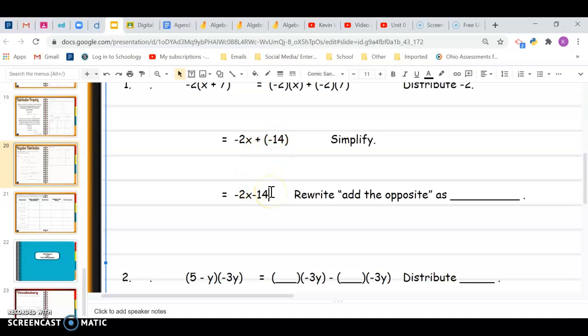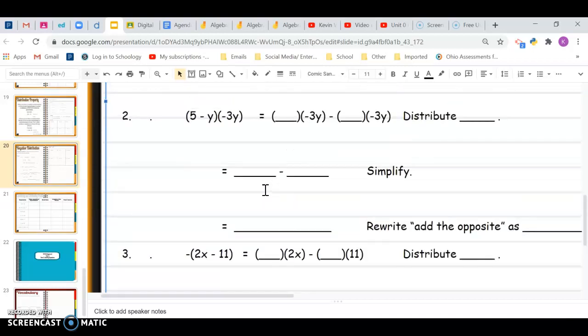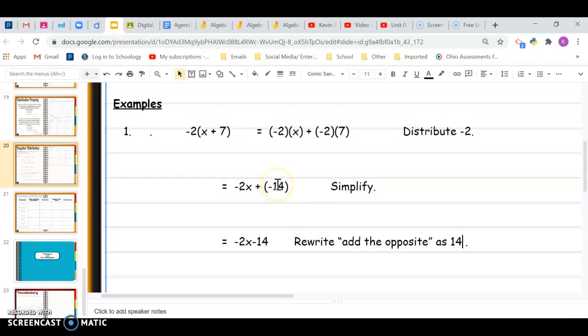We just write a 14. See, when you're adding negative numbers, it's the same as just subtracting those numbers. So we are going to rewrite the opposite as 14. When we add the opposite, it's just a 14. All right, cool. So this right here, this is our final little answer here.